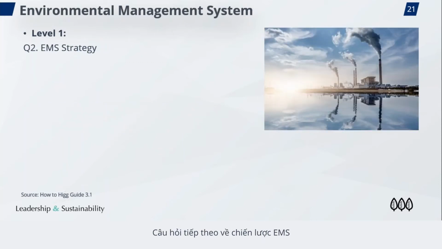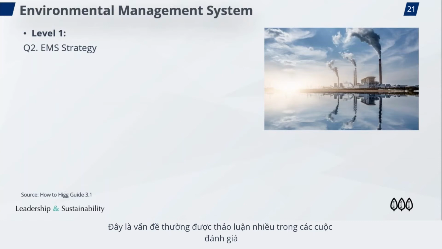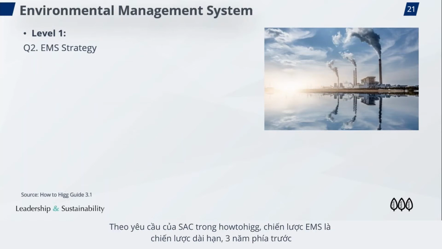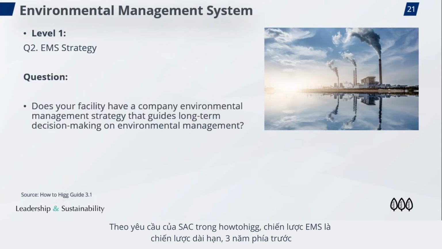Then the next question is about the EMS strategy. And this is actually a question where we, during verifications, often have quite long discussions because in the SAC requirements in the How to Higg, we have the requirement that the strategy is a long-term strategy and that it reaches at least 3 years into the future.